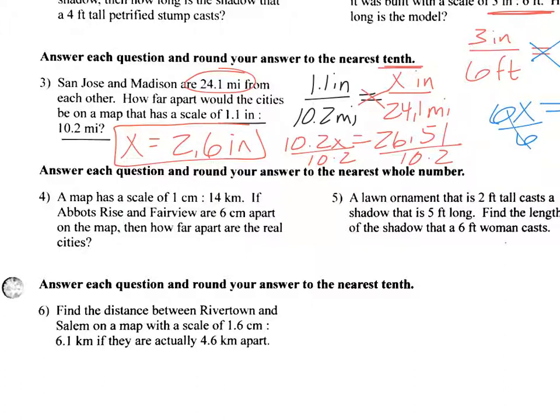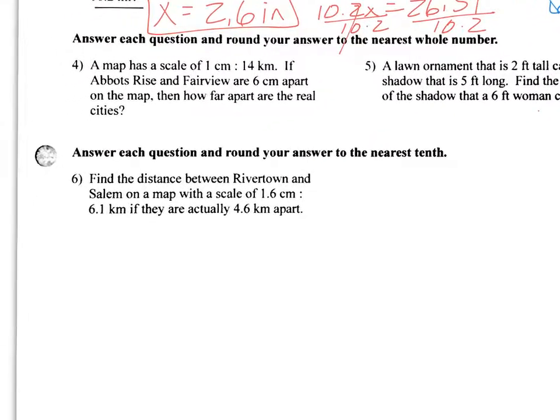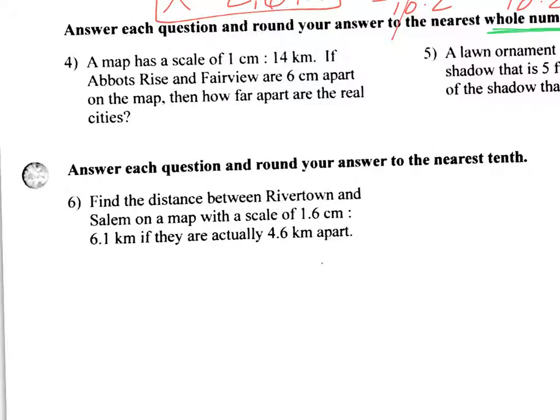So hopefully these are making sense to you a little bit. I want to continue on. This one says round to the nearest whole number. Whole number means whatever my first decimal is will determine whether or not I round it up or not. So again, we have a map. We have a scale, 1 centimeter is 14 kilometers.